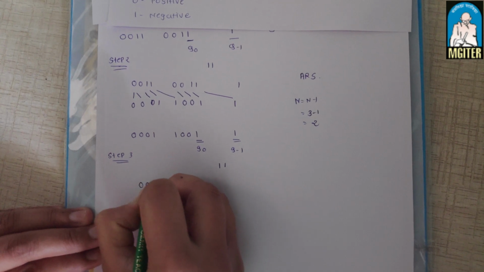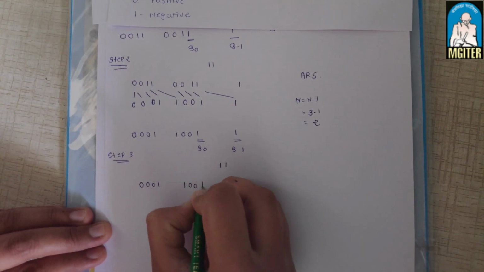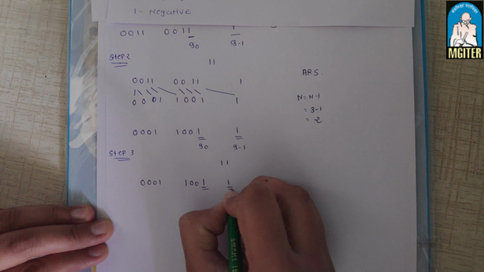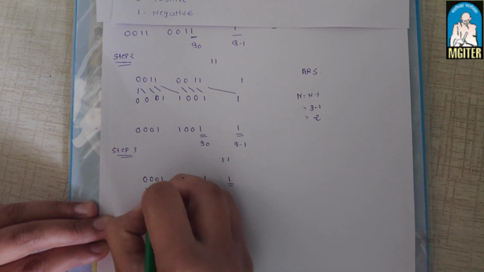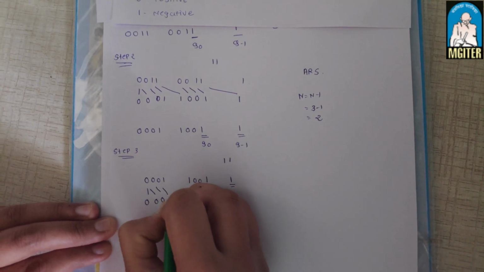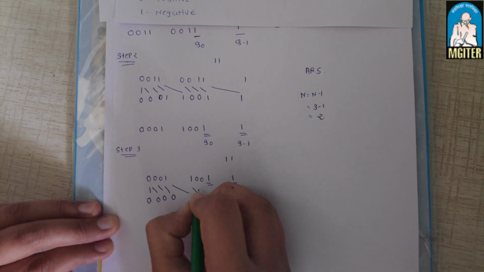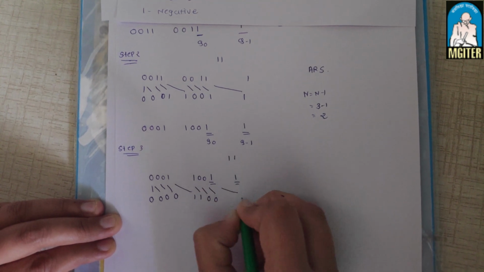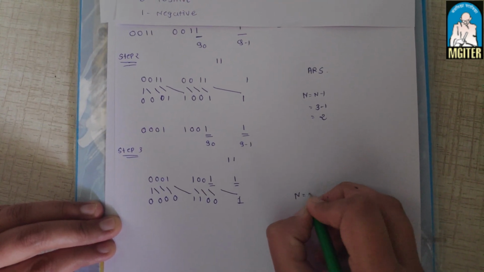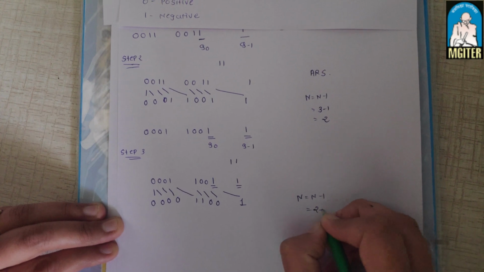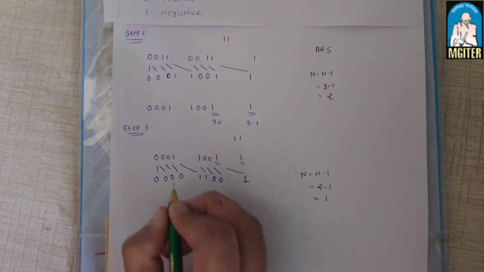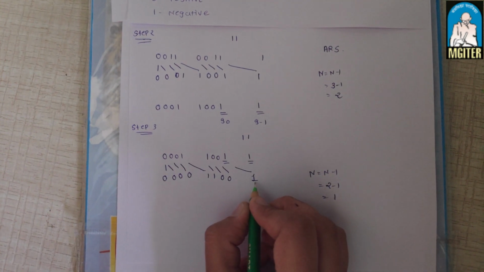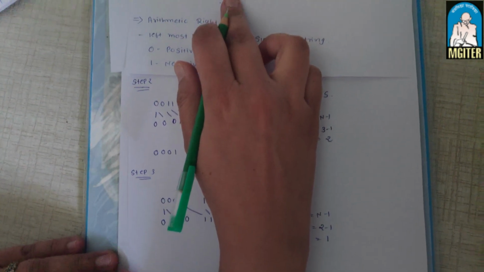So 0, 0, 0, 1, 1, 0, 0, 1 becomes 0, 0, 0, 0, 1, 1, 0, 0 and this is 1. After that N is equal to N minus 1, so we have 2 minus 1 is equal to 1. After step 3 we got 0, 0, 0, 0, 1, 1, 0, 0 and the value of N is equal to 1. Again N is not equal to 0, so we have to perform the whole procedure again.